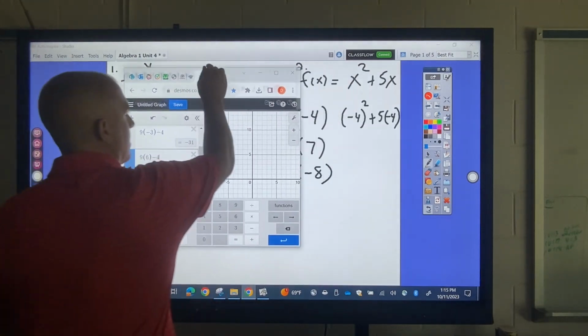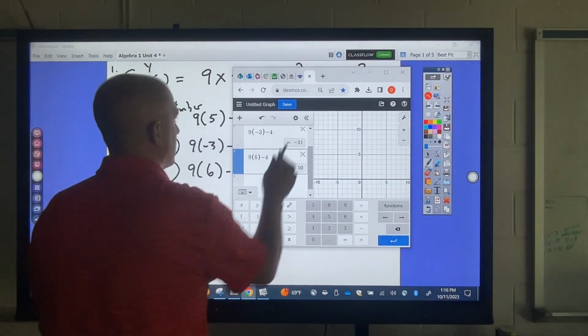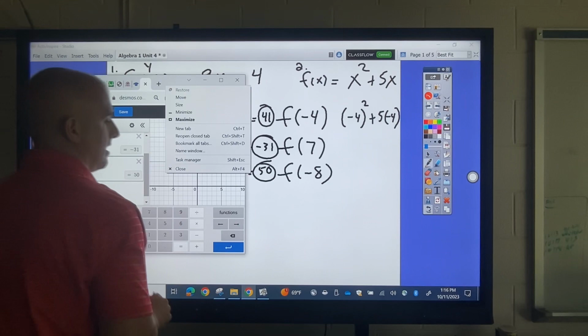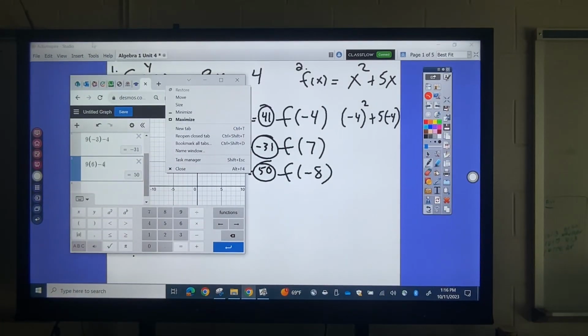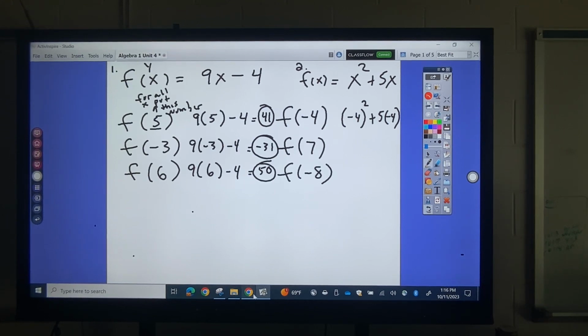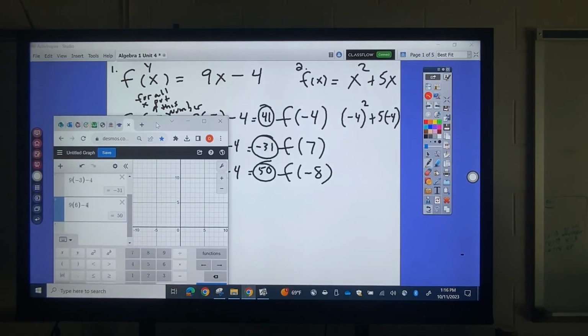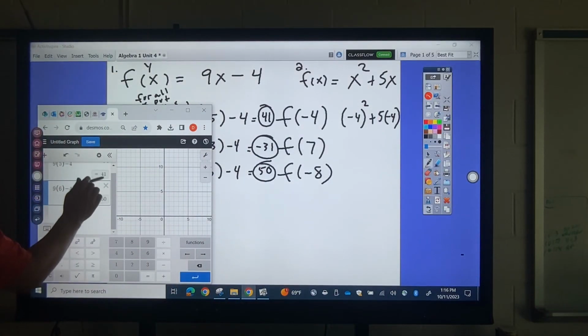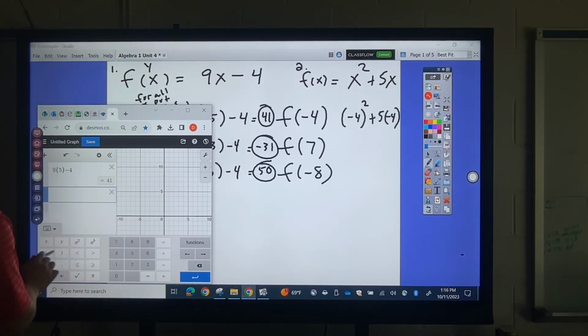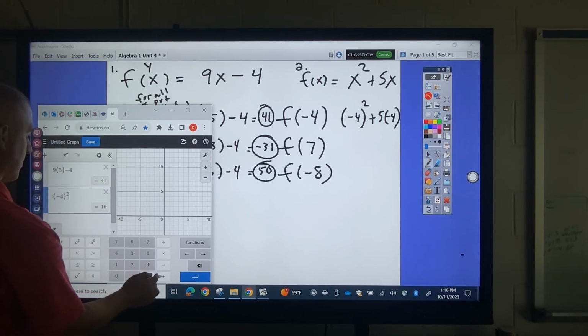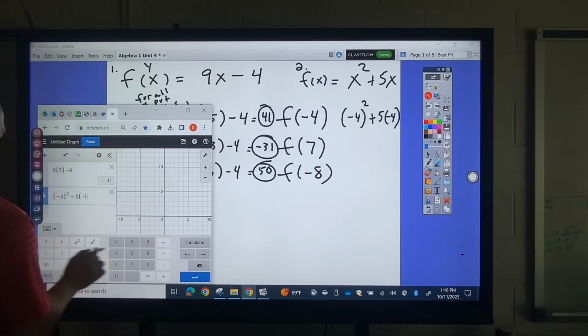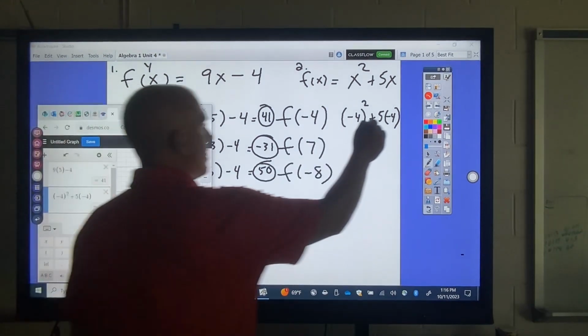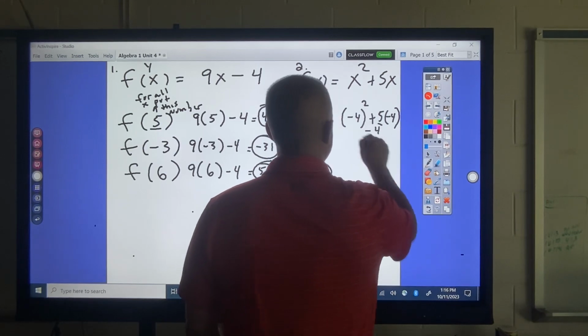So what I want to do there, very simply, is parentheses negative 4, squared, plus 5 parentheses negative 4. And that actually gives me negative 4 of all things. Okay? That's actually the answer.